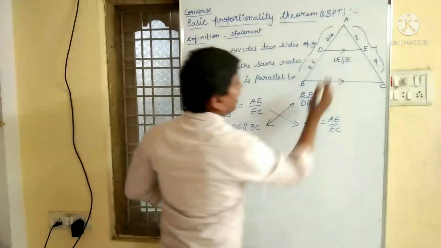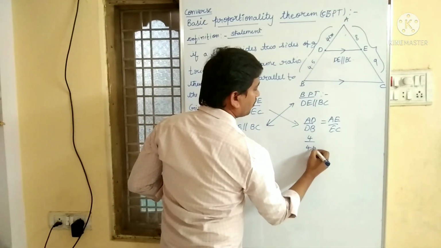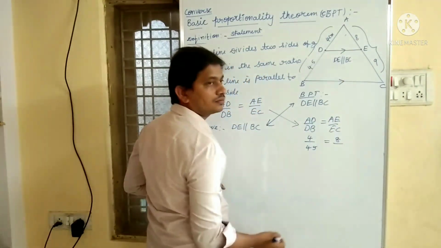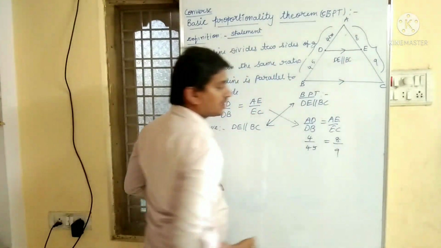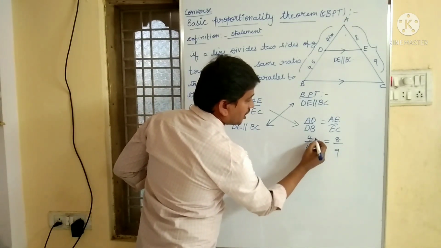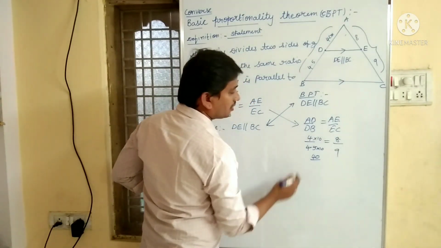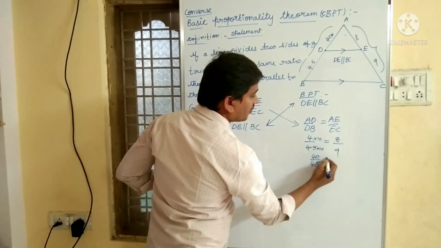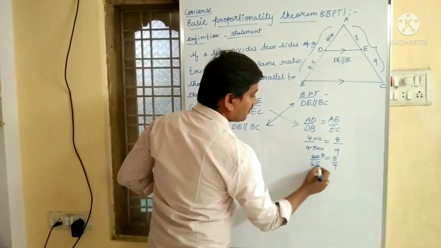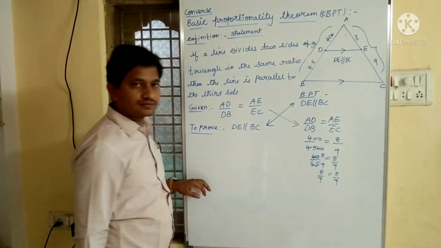So children, what is the length of AD? AD value 4 and DB value 4.5 is equal to AE value 8 and EC value 9. After the point we have one digit, so multiply by 10: 4 into 10 is 40, 4.5 into 10 is 45, so 40 by 45 is 8 by 9, equal to 8 by 9.